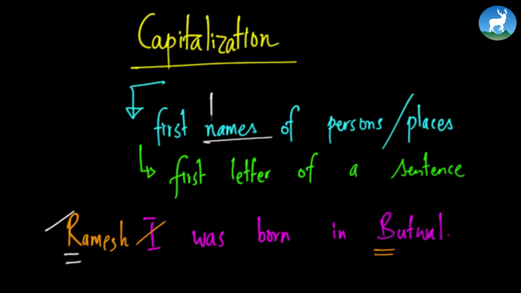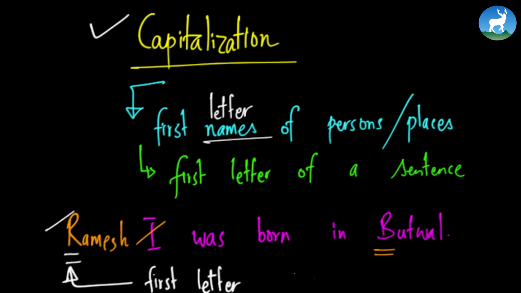Instead of names, it's more like first letter of persons and places. Also, the beginning letter of a sentence is capitalized. So this is the first letter of a sentence, so it's capitalized.